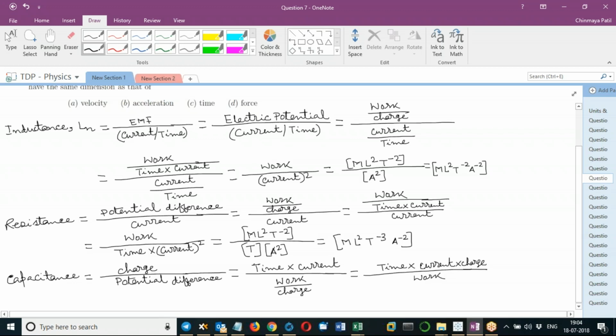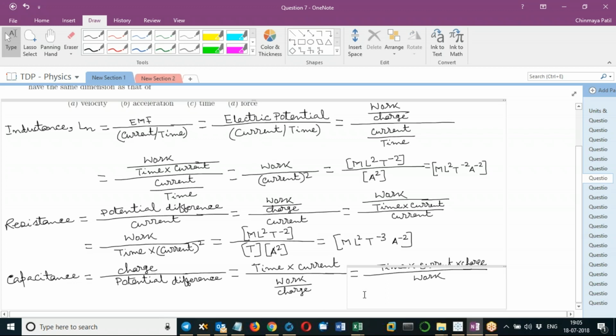So now what is charge? As we all know, charge is nothing but time into current, right? So it becomes time into current whole square, correct?